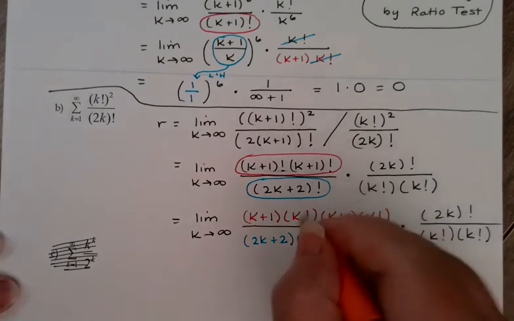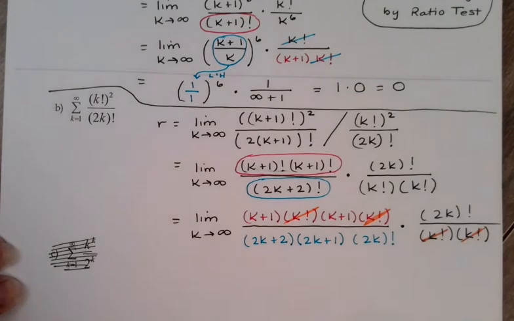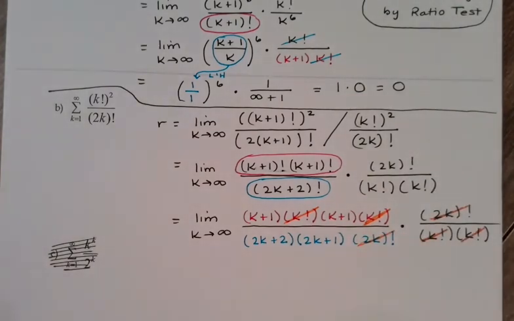We would have our k factorial canceling there and there, and we'd also have our 2k factorial canceling there and there.